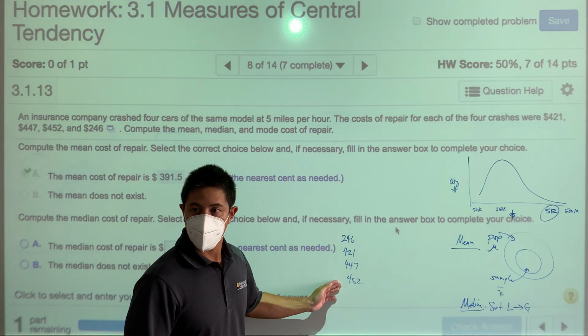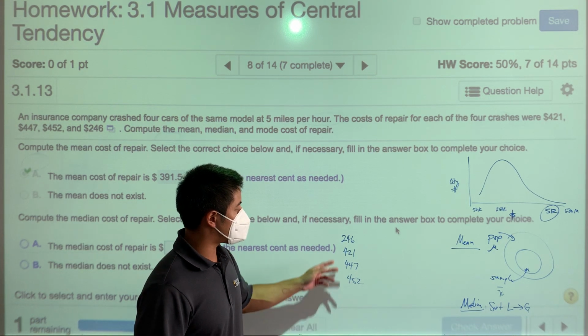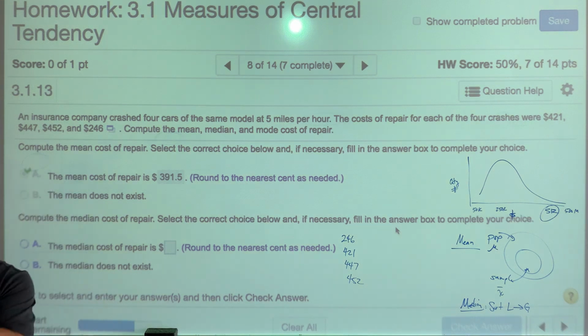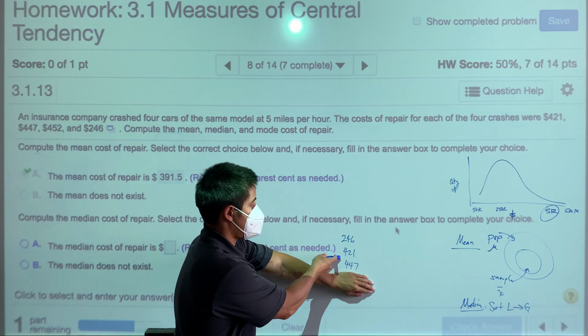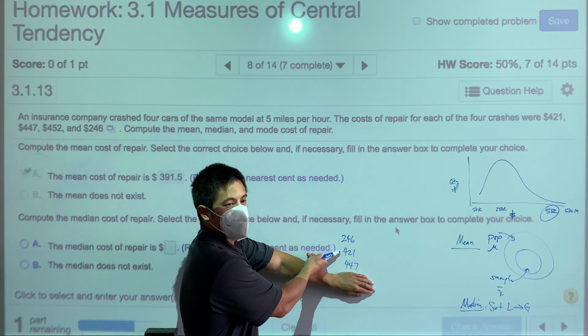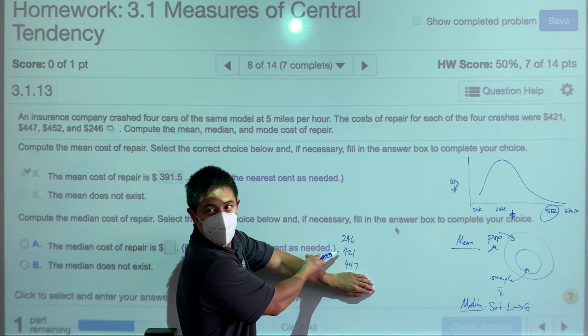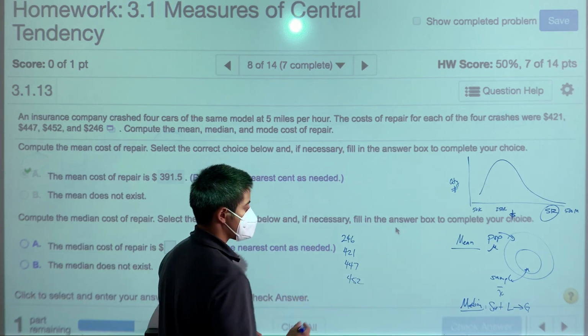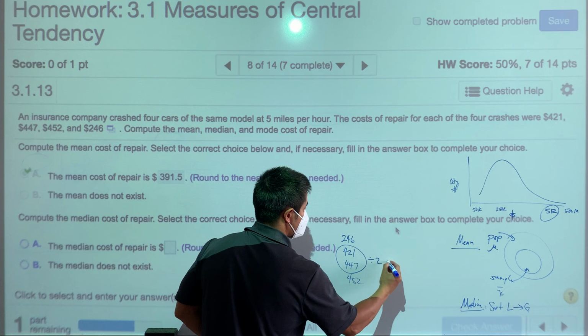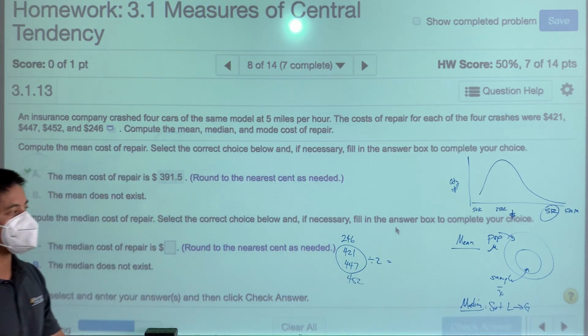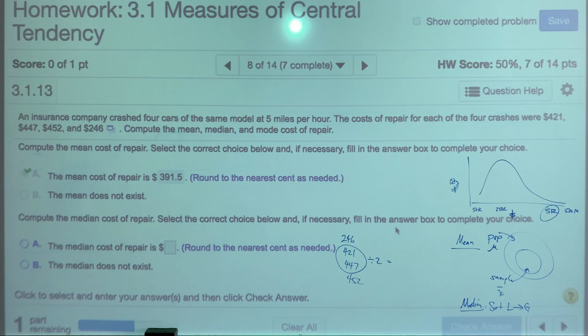I ordered them least to greatest, didn't I? Is there an exact middle number when I have a set of 4? No. If there was only 3, the 421 would be the median, right? But there's 4, so I'm going to need to average these 2. I'm going to need to add those 2 together and divide by 2.